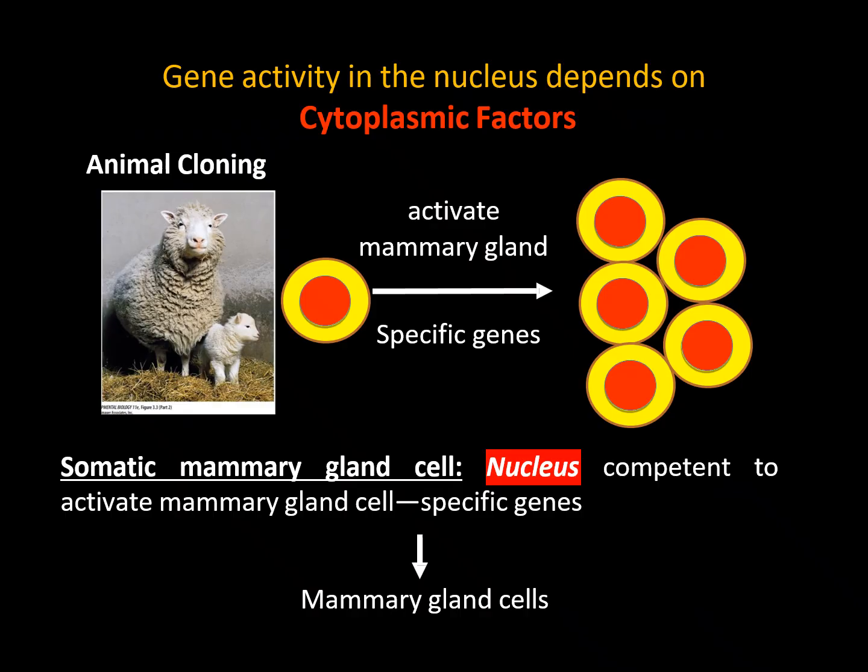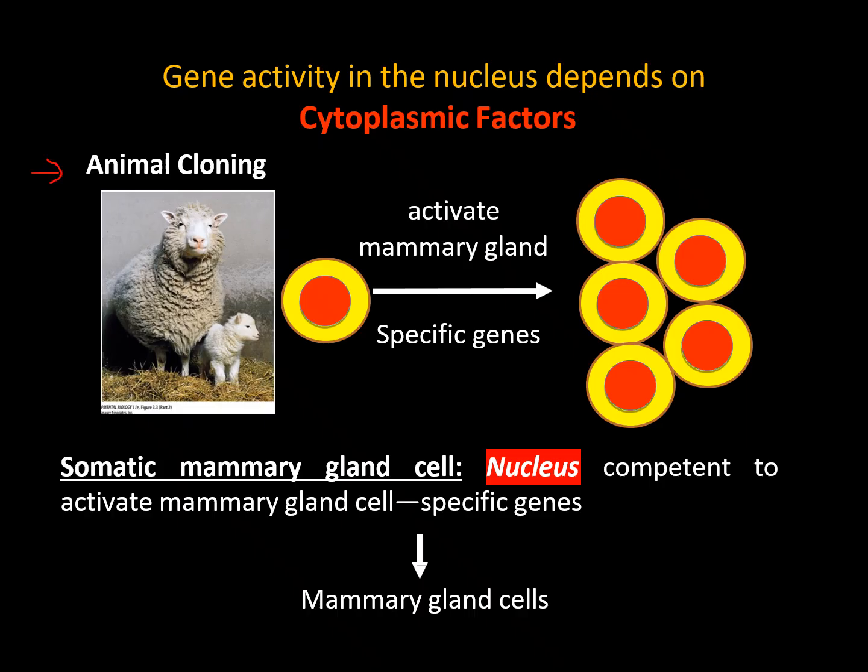Okay, the only aspect that we miss from this class is the cytoplasmic factors. So we have talked about other environments except for the internal cellular environment. And a beautiful example that shows that the cellular environment is important is animal cloning.